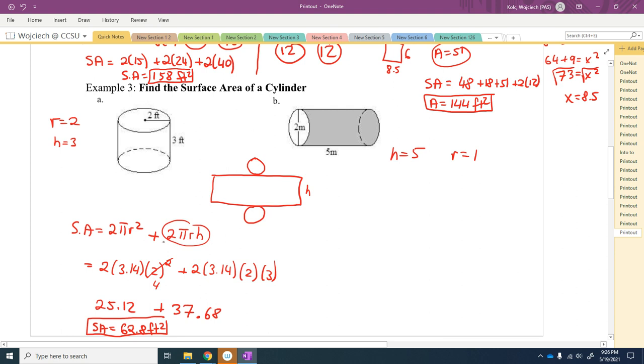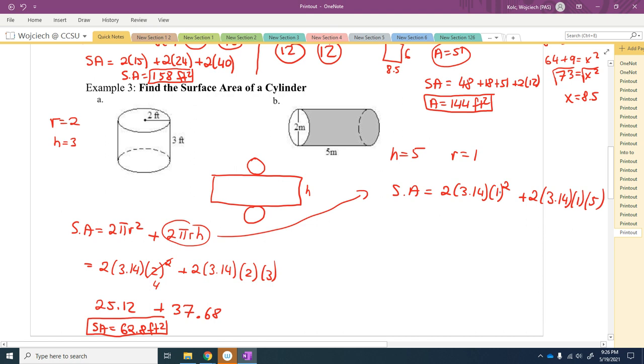Okay, let's use the formula over here and do this problem. So surface area equals 2 times 3.14 times 1 squared plus 2 times 3.14 times 1 times 5.